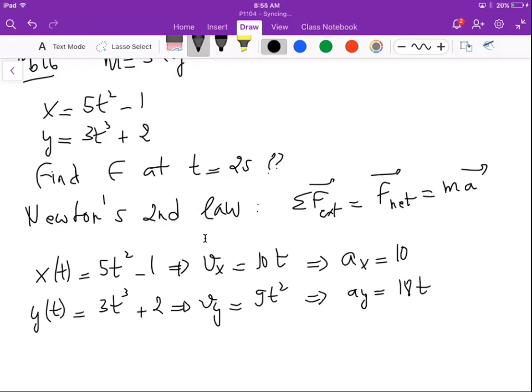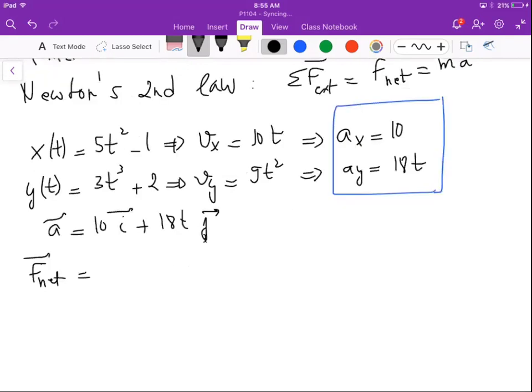Okay, so from here we know the x and y components of the acceleration. So we can write down then a, it's nothing else than 10 i plus 18t j, right? So the force F net is equal to m times a. So it's given by 3 multiplied by (10 i plus 18t j).